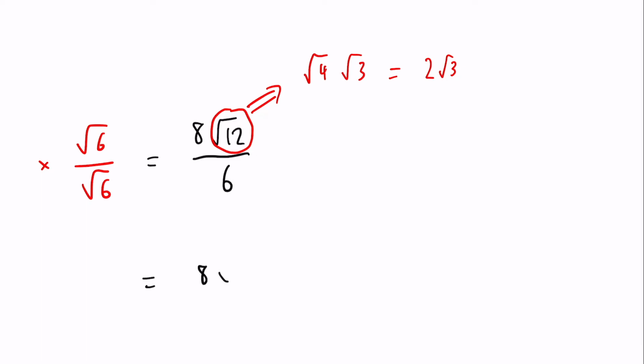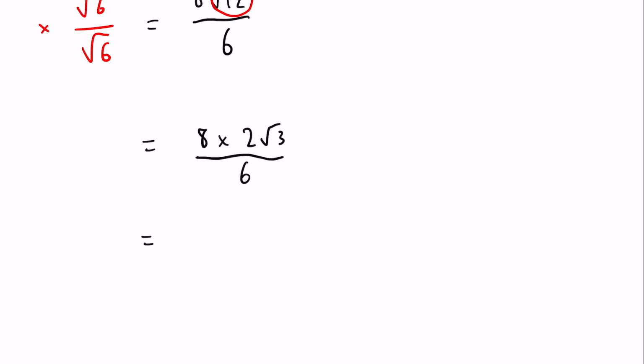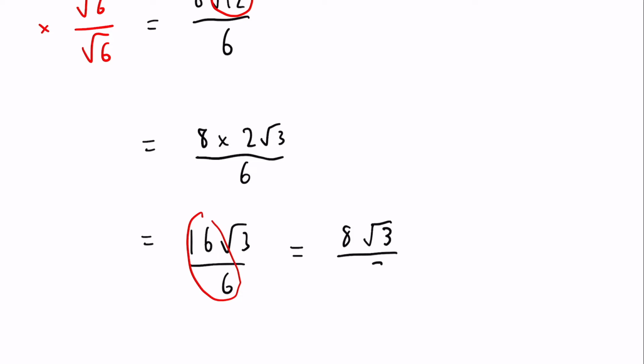So we can write that again as 8 times 2 root 3 over 6. Simplifying this a bit, 8 times 2 is 16, root 3 over 6. And from simplifying our fraction, both of these numbers go into 2. So 16 divided by 2 is 8, and 8 root 3 over 3 is our final answer there.